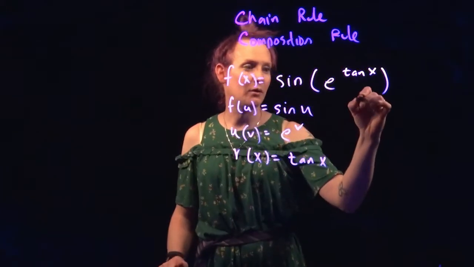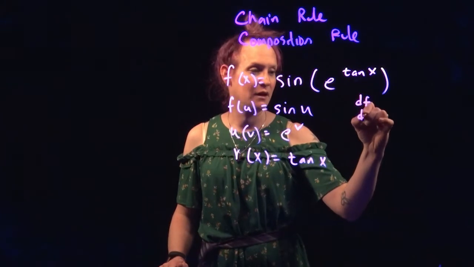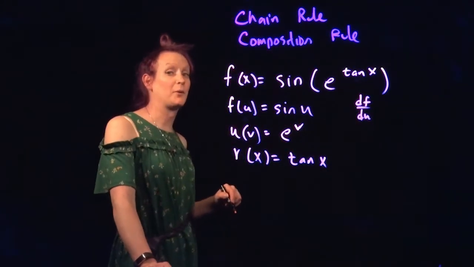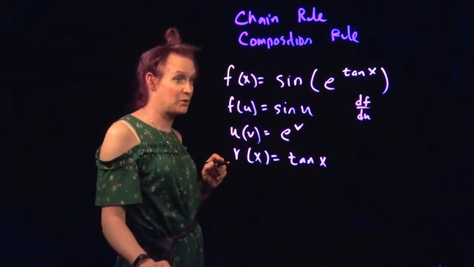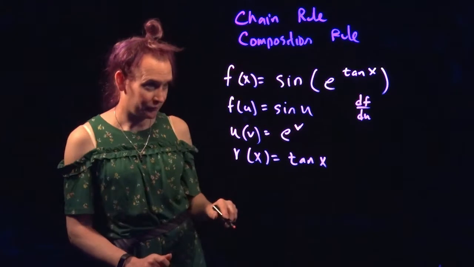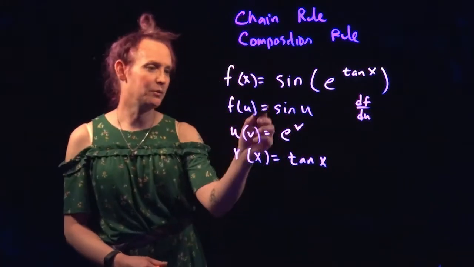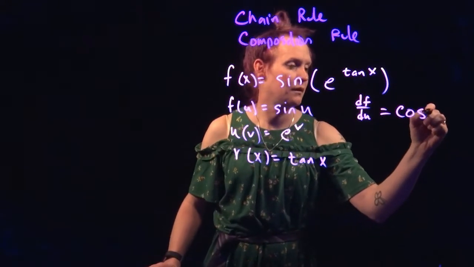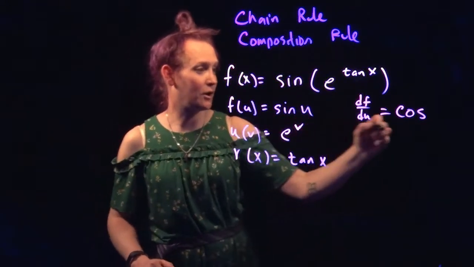So I'm going to compute df du. Ultimately, we're computing df dx. I'm going to do it by computing df du, du dv, dv dx. df du is equal to, the derivative of sine is cosine. And I'm going to leave that the same argument.